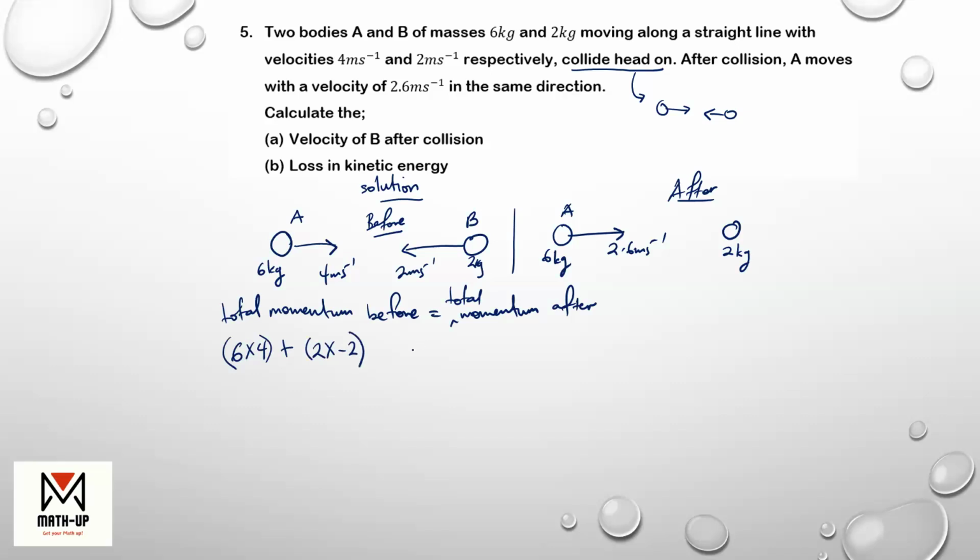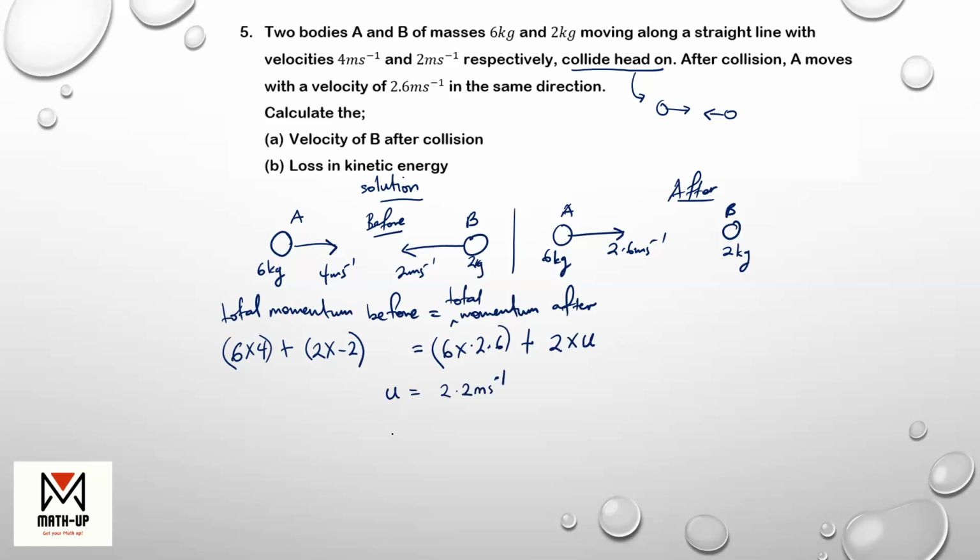It is -2 because of the direction of the velocity. Velocity is a vector quantity, and when you're dealing with momentum, that should be respected. So the total momentum after is 6 by 2.6 for body A, and for body B, I do not know what it is, so I'll say 2 times U. Evaluating this gives us U as 2.2 meters per second.